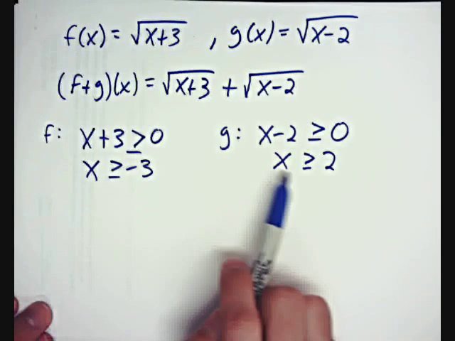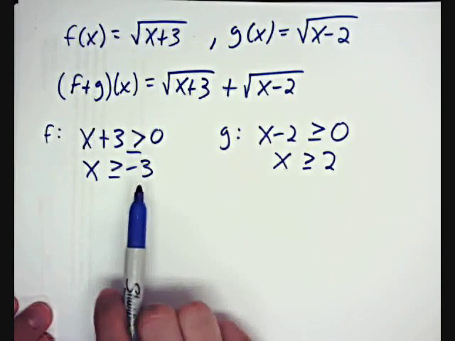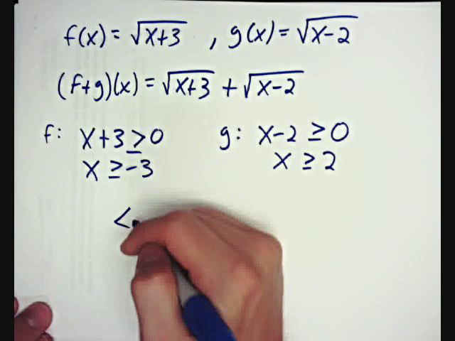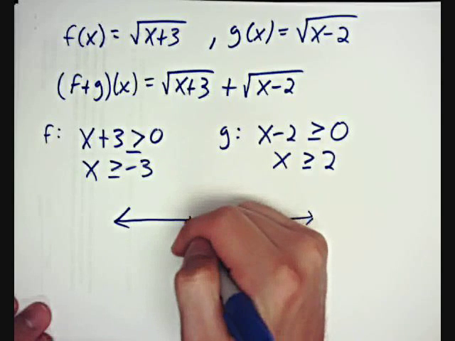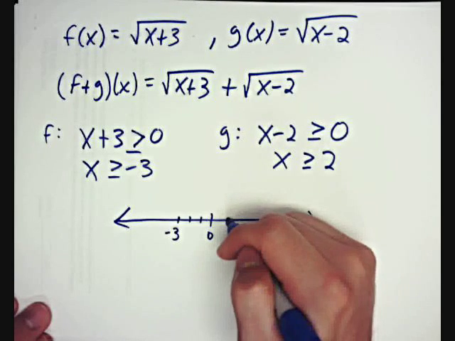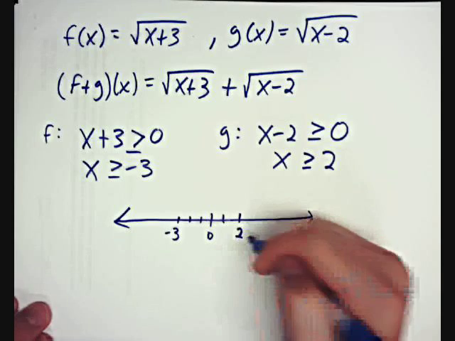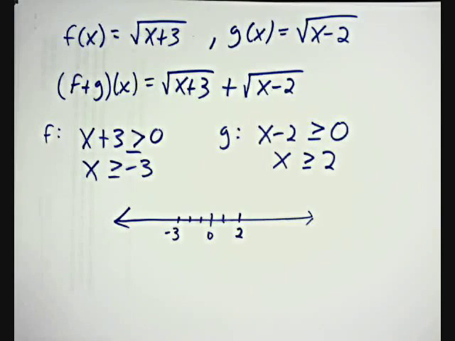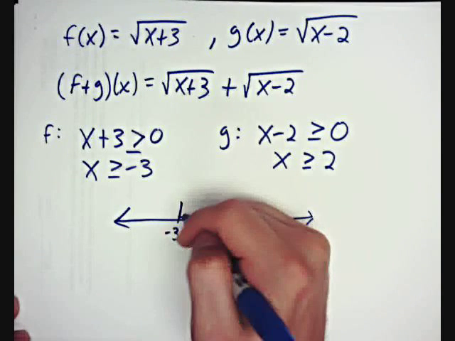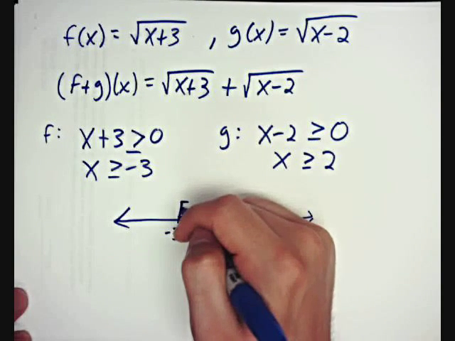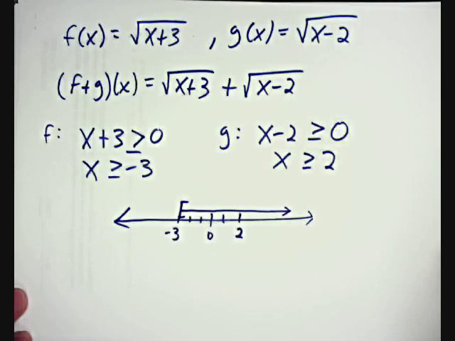So we want to combine these into one single domain. If I look at this on a number line, our first inequality says that x has to be greater than or equal to negative 3. So that's this part of the number line right here. Our second inequality is that x has to be greater than or equal to 2.